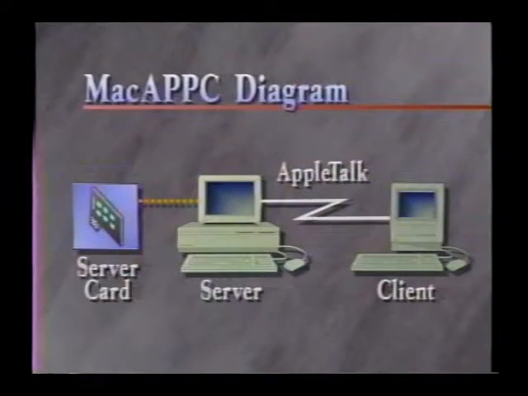Now, here's a diagram of what the implementation looks like. Using either the NuBus serial card or the Token Talk card, you place that in any Macintosh 2 family computer in your AppleTalk network. That's where your protocol processing is done.